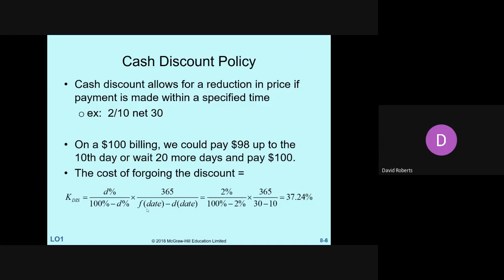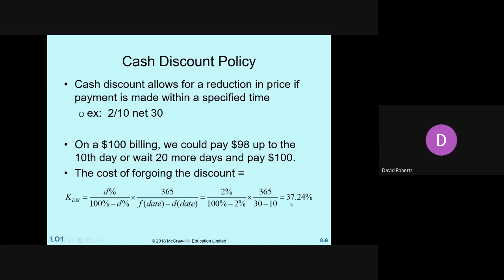And so in the first 10 days, you can get 2% off. But if you don't pay within the first 10 days, for the next 20 days, you don't pay interest. So it's really a 20-day, not a 30-day time period. And you can see that 2%, it's not 2% per year, it's 2% for the time period indicated in the trade credit.